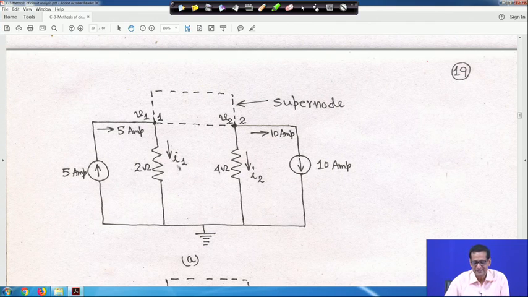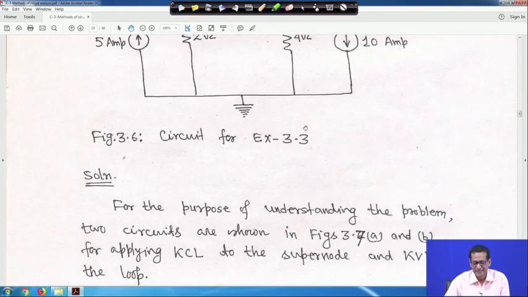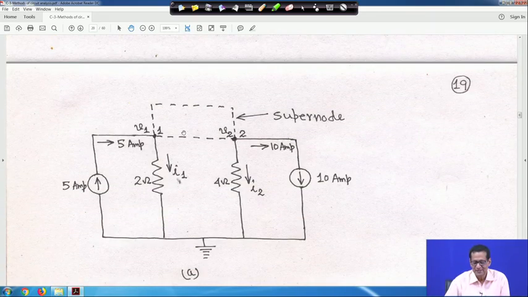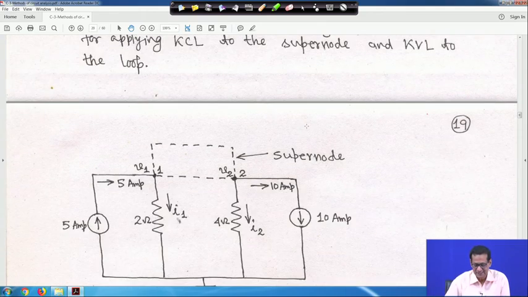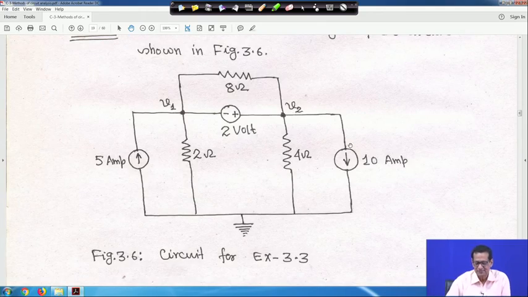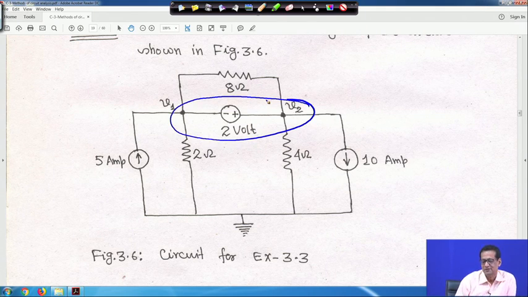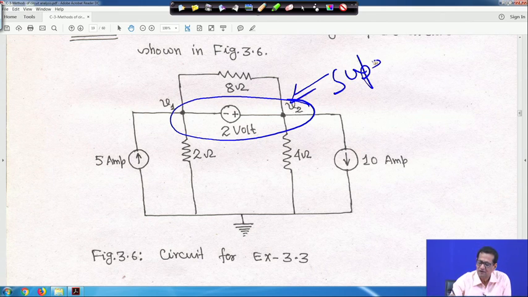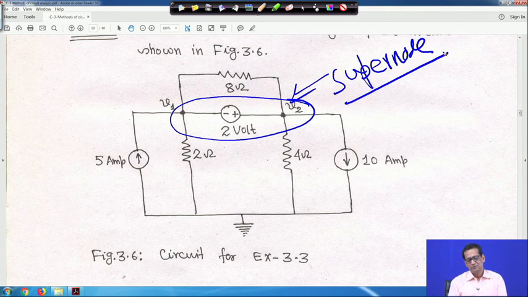The voltage source is not considered separately, because we have to apply KCL. That is why I have drawn it like this, and this is the super node, to see which current is entering and which is leaving. This is a super node, because one voltage source is there in between two non reference nodes.